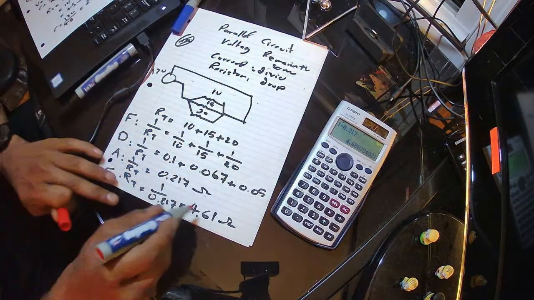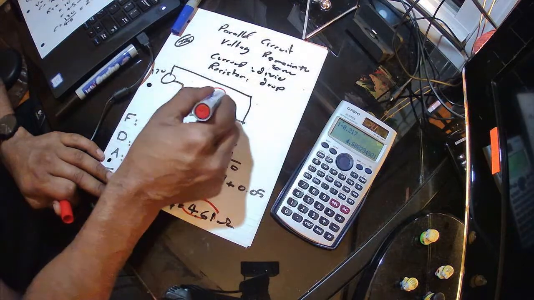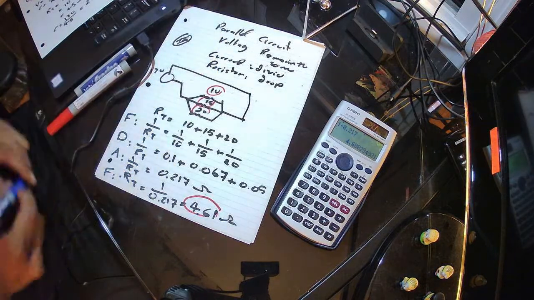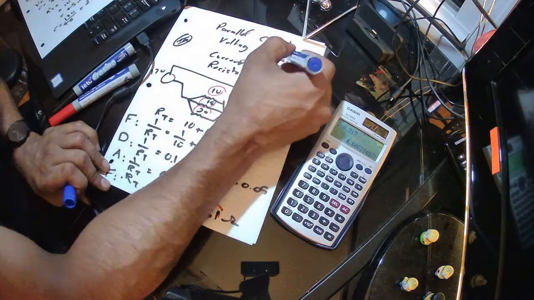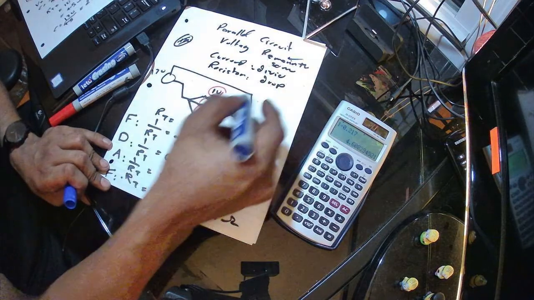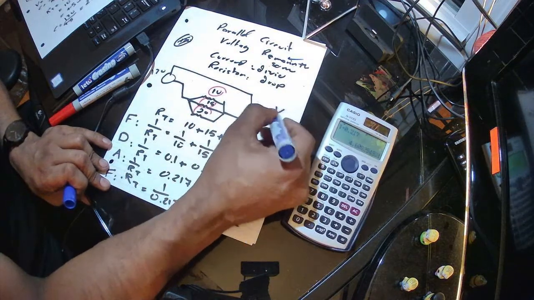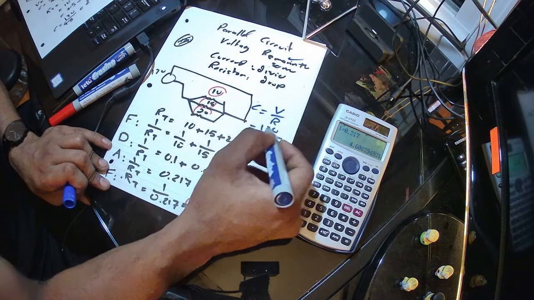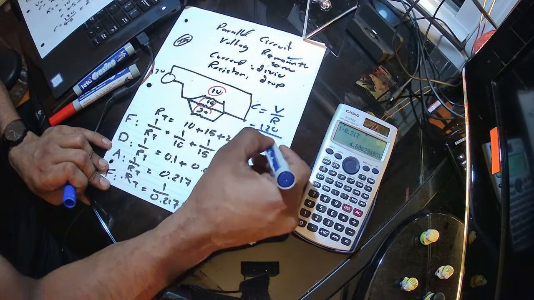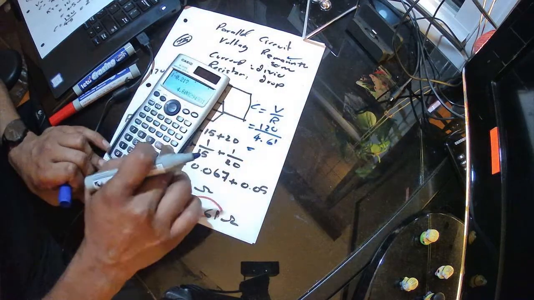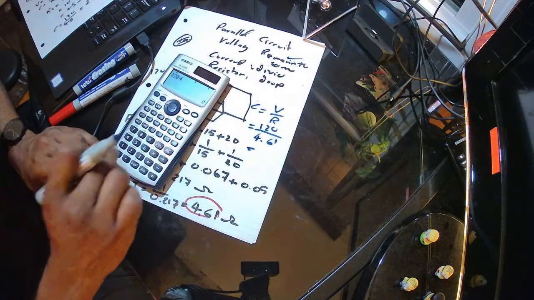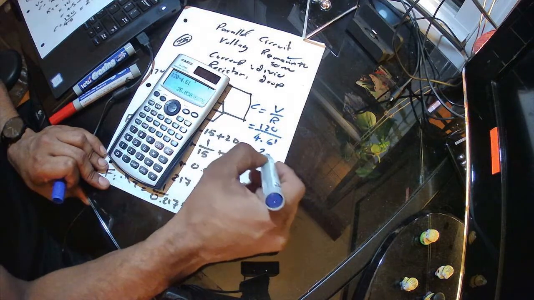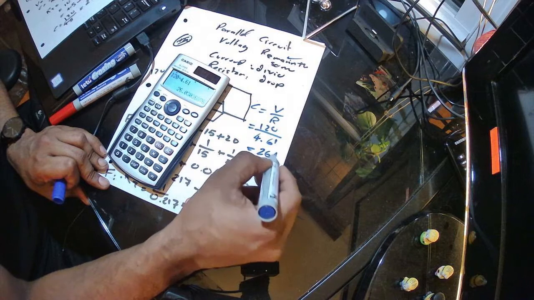It is smaller than the smallest one in the circuit, and the voltage is going to be the same. Current will equal voltage over resistance, which equals 120 over 4.61, equals 26 amps.